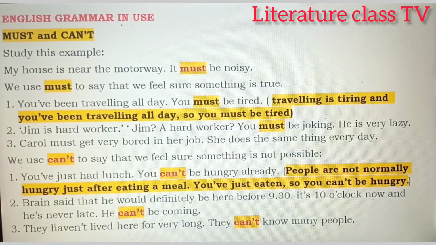My house is near an airport. It must be noisy because the planes landing and others take off. That's why it must be noisy. Example 1. If you have been traveling all day, you must be tired. It is true.